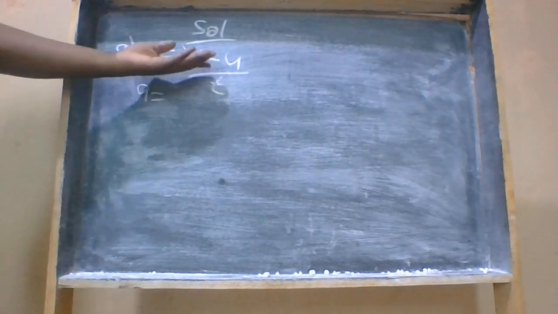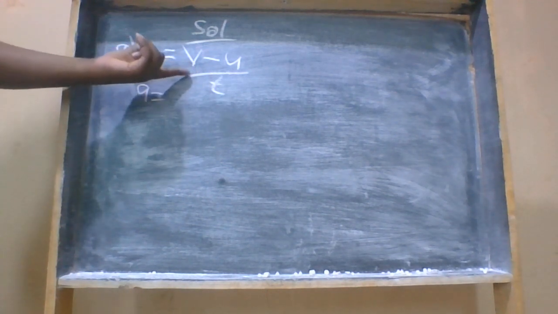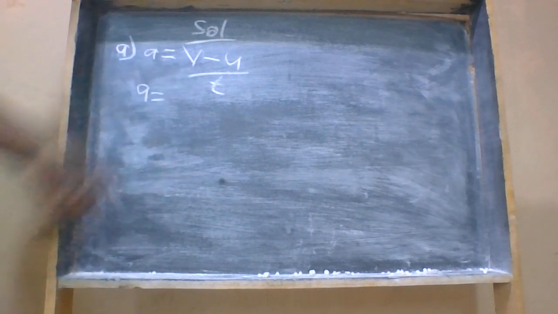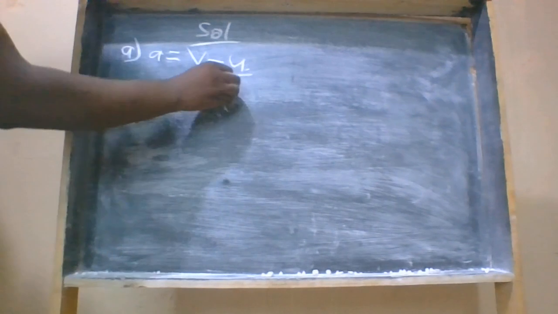Acceleration equals v, the final velocity, which is usually given in the question after an object accelerates. In our question, the locomotive of mass 50,000 kg starts from rest. Rest is the initial velocity, the u. And after 20 seconds, that's the time.